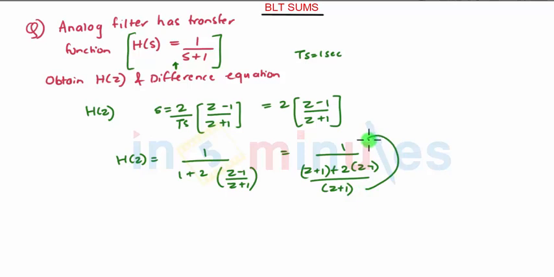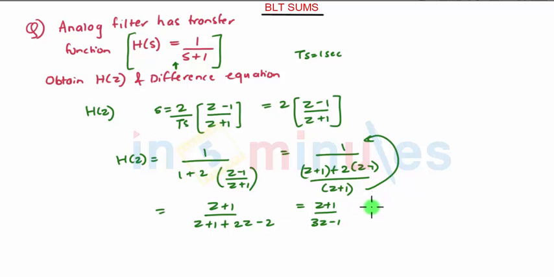This z plus 1 will go up. So we will get z plus 1 upon z plus 1 plus 2z minus 2. So it is z plus 1 upon 3z minus 1. This is the transfer function of digital filter.